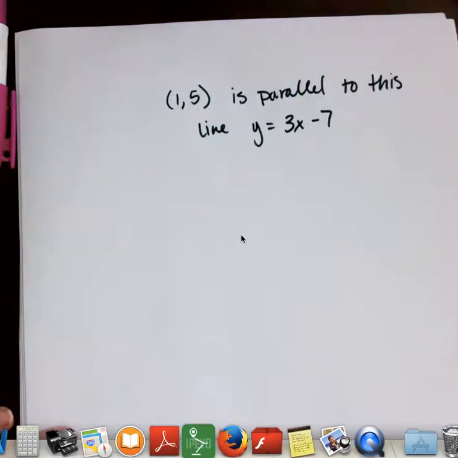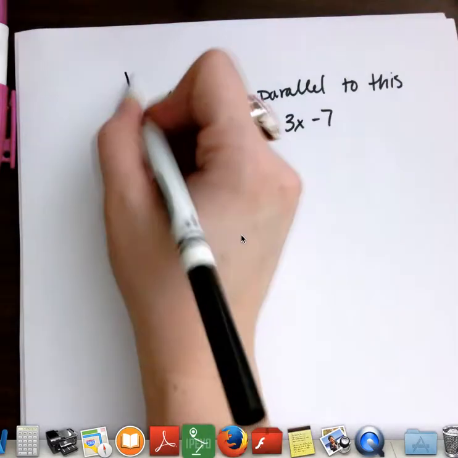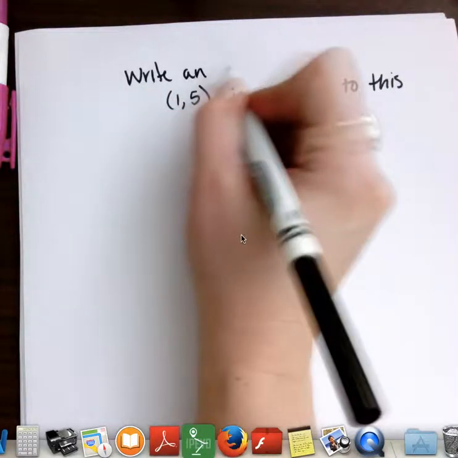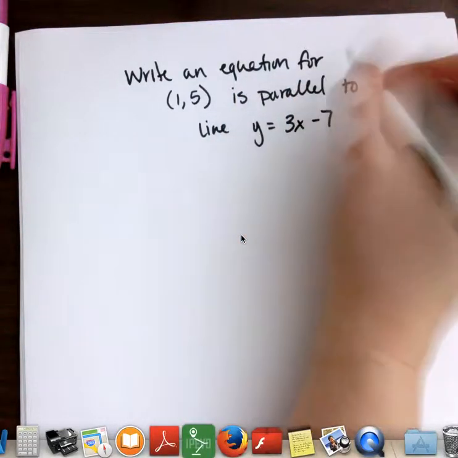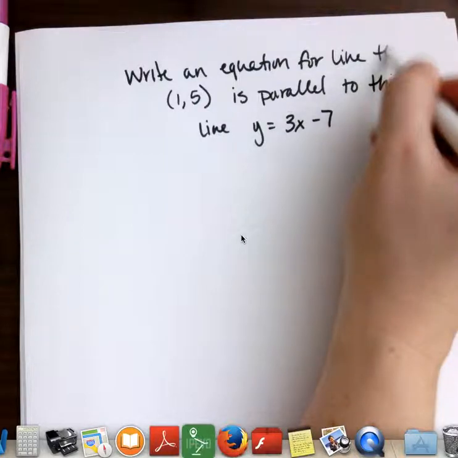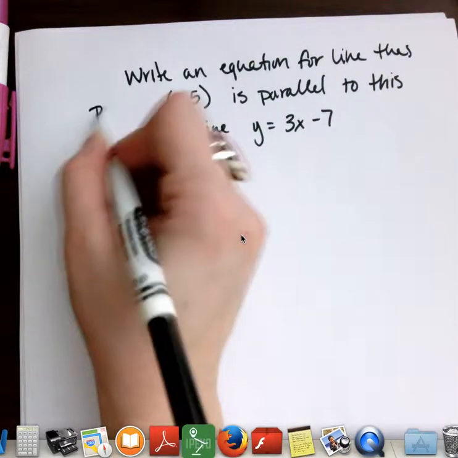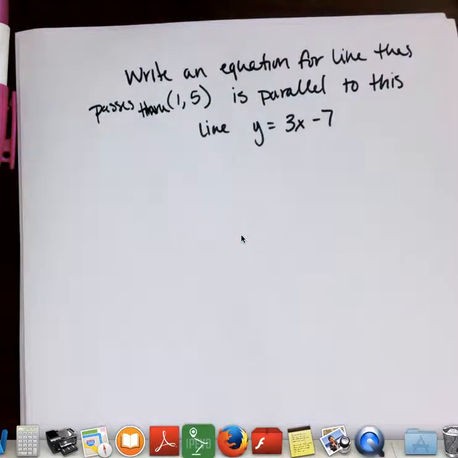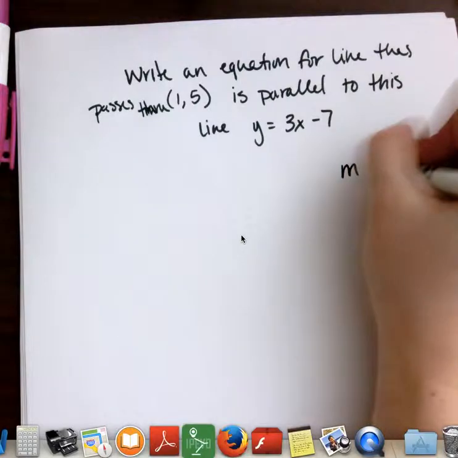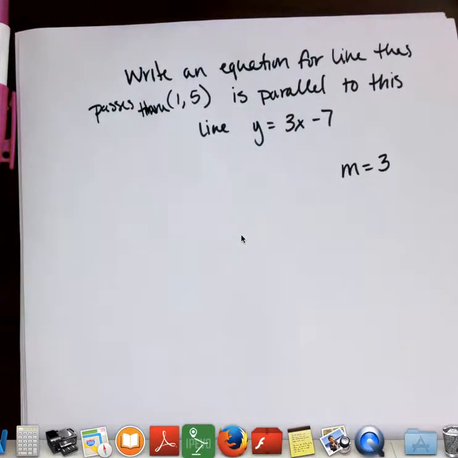So if I need to write an equation for a line that passes through (1, 5) and is parallel to this line, well, I know my slope's going to be the same. So my slope is going to be 3.